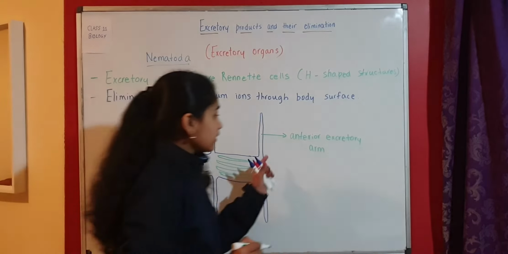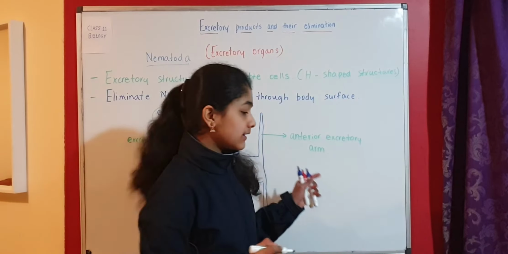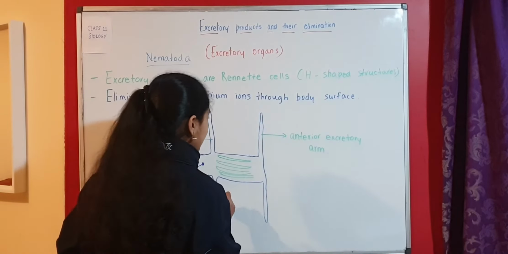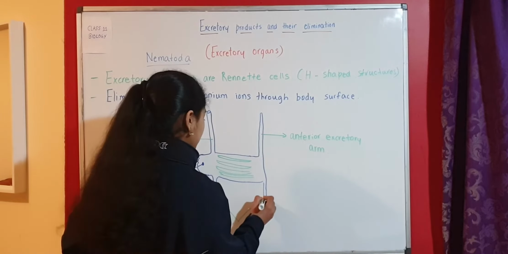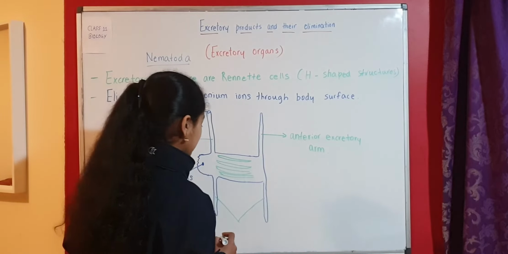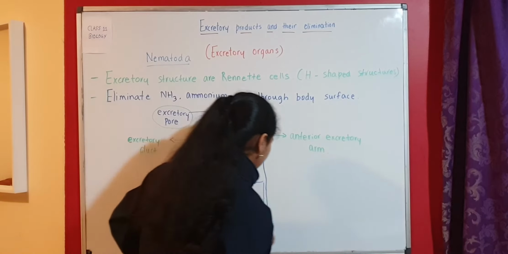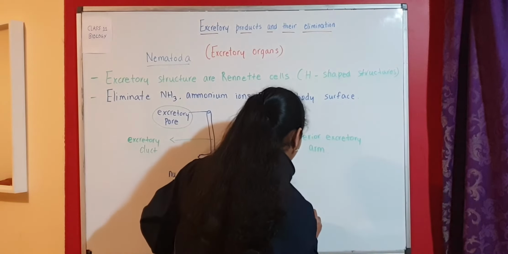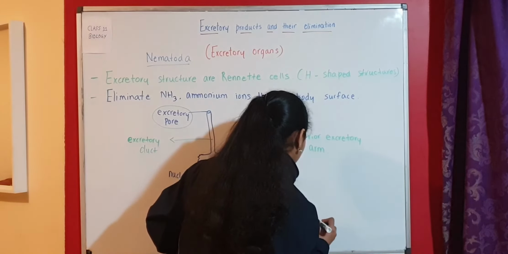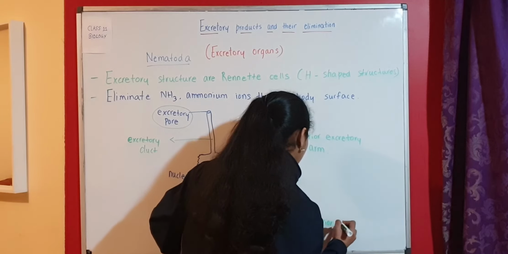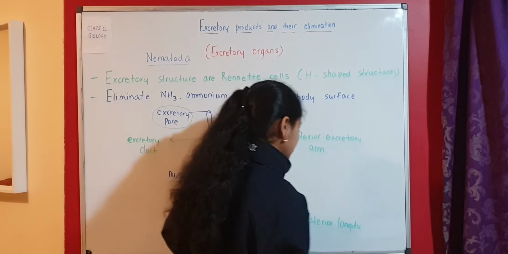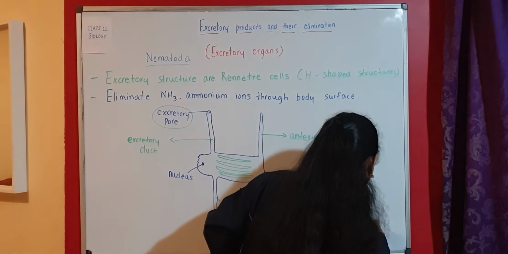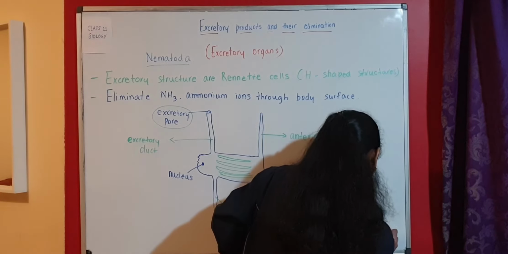And here there is the anterior excretory arm, and this is anterior and these are called posterior. So we can label it here. These are called posterior longitudinal arms.